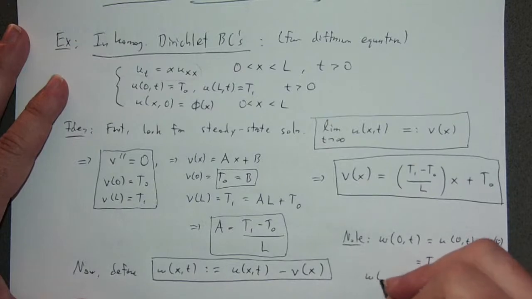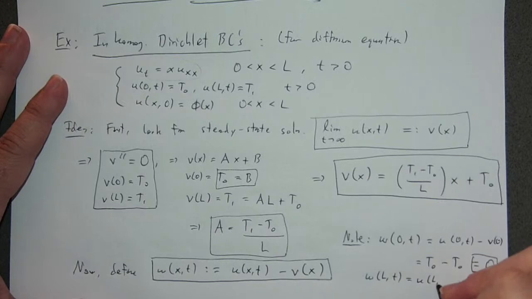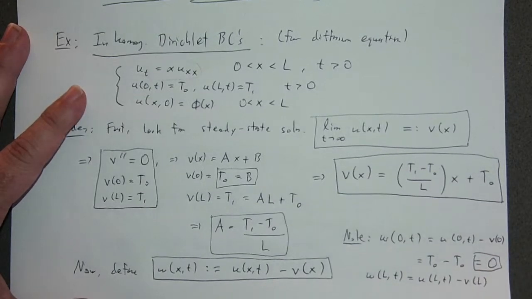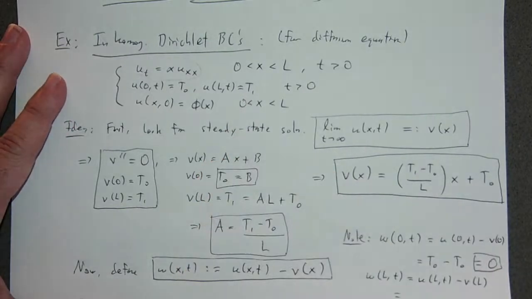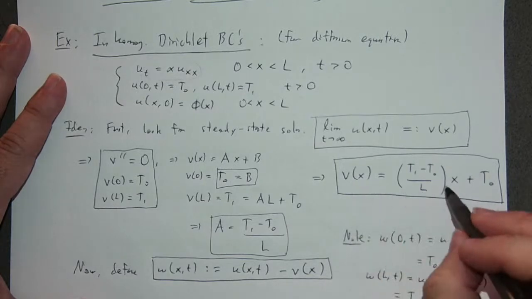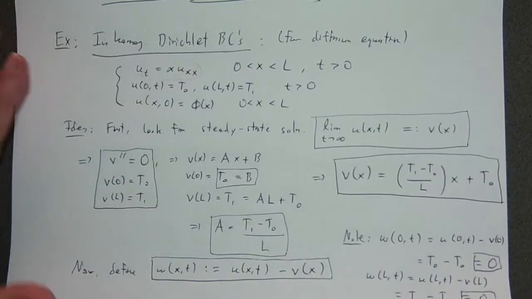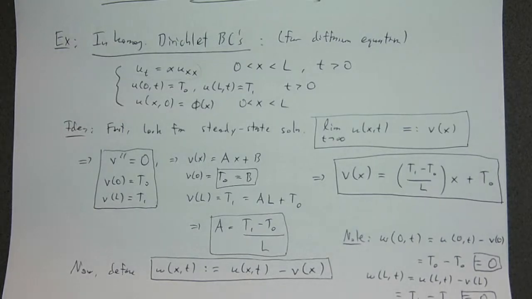And W of L,t is U of L,t minus V of L. But U of L,t is T1, minus V of L, which is also T1. So this is also 0. So W actually has homogeneous Dirichlet boundary conditions.